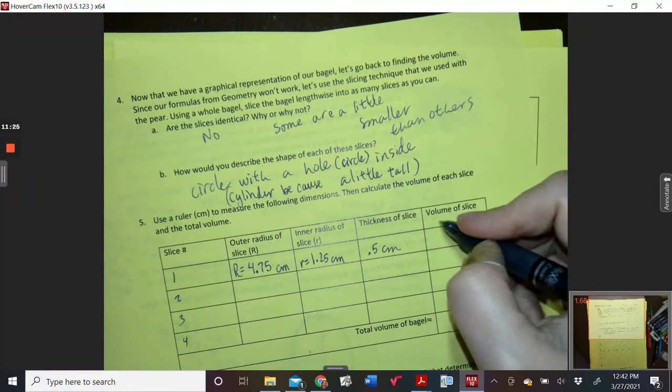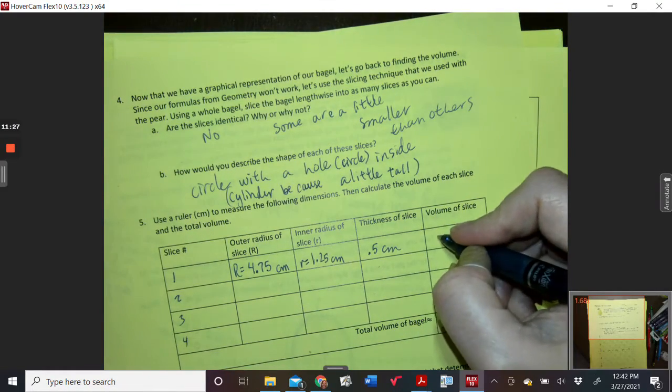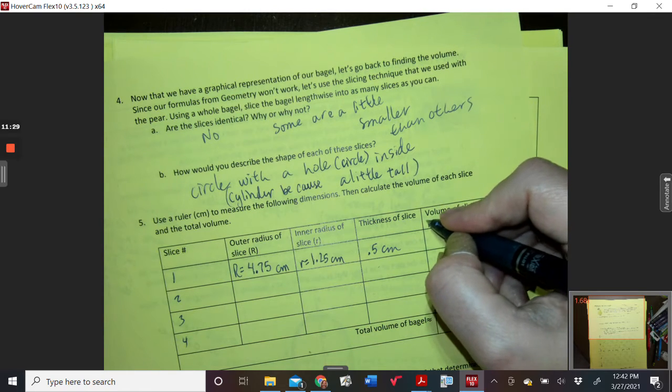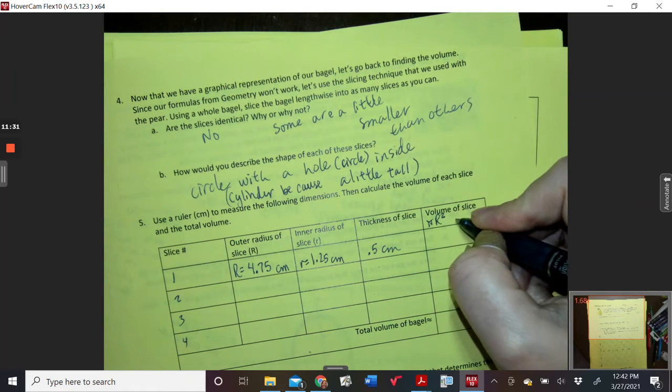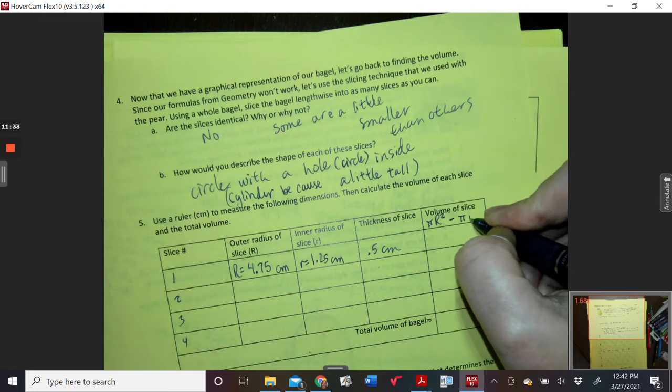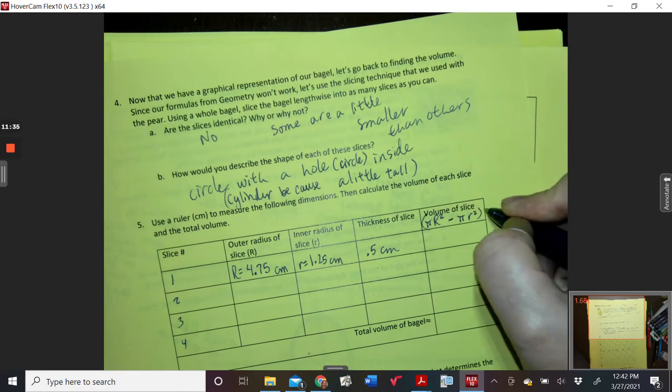All right, so the volume will be pi big R squared minus pi little r squared times the height.